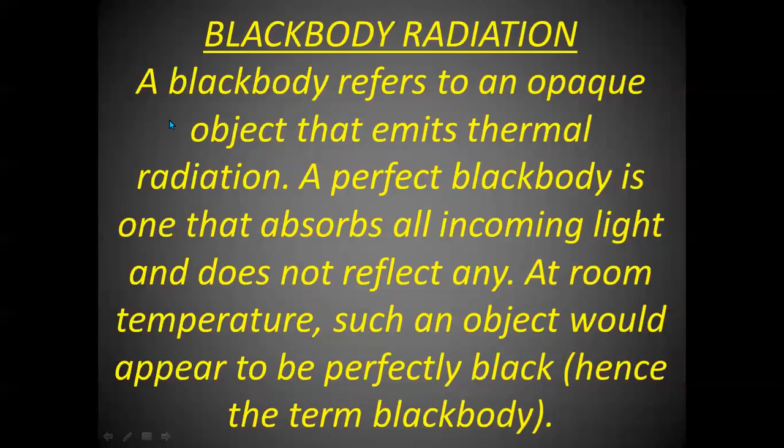If light is totally absorbed, it looks black. So a perfect black body is one that absorbs all incoming light and does not reflect any. At room temperature, such an object would appear perfectly black. Hence, the term black body is given to it.